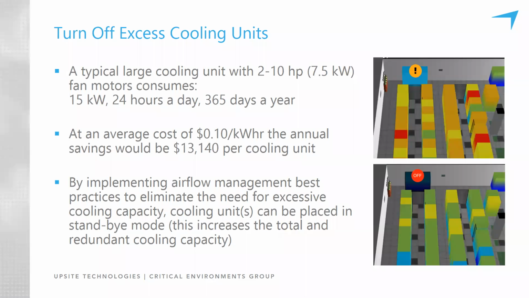So if you can turn off a cooling unit, you can save $13,000 a year. That adds up a lot, and that number is even greater if there are variable frequency drives on the cooling units. You have greater energy savings if you reduce the fan speeds of all the cooling units in the room compared to turning off several of the cooling units in the room.